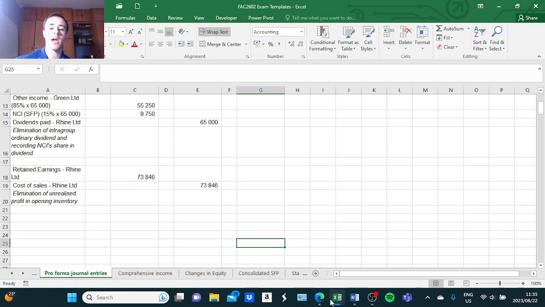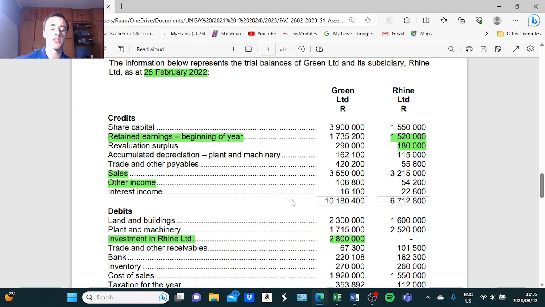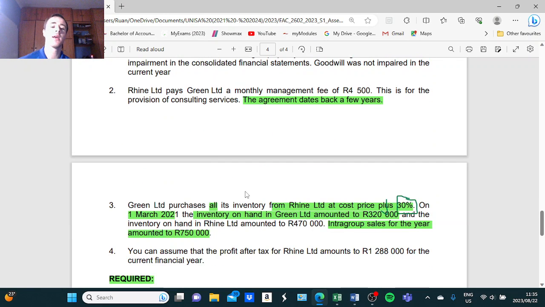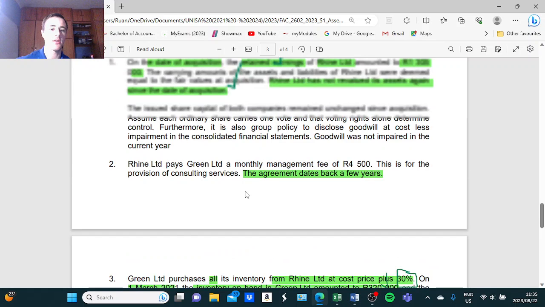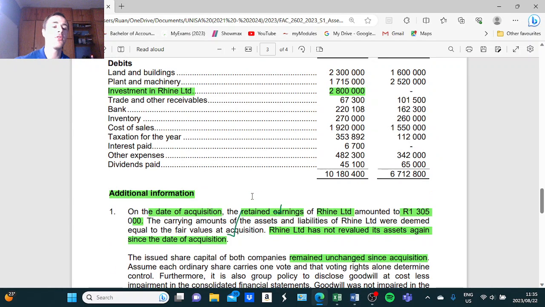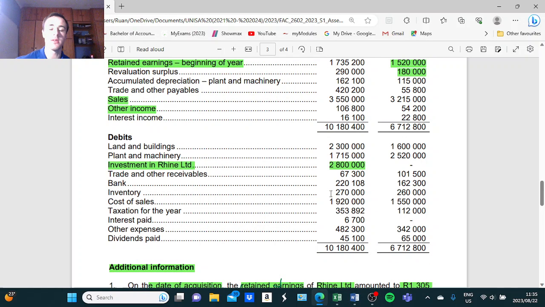According to additional information point 3, I would like you to refer back to that point again. Green Limited has purchased all of its inventory from Ryan Limited at cost plus 30%. If you look at your inventory balance, we have already determined that Green Limited's inventory is the inventory balance that includes unrealized profit.